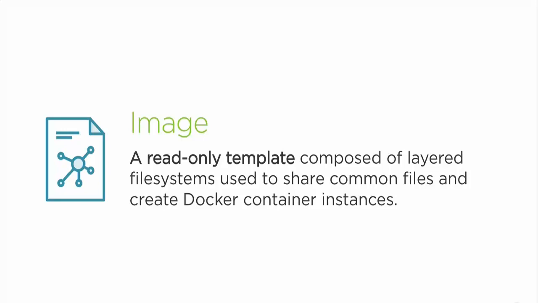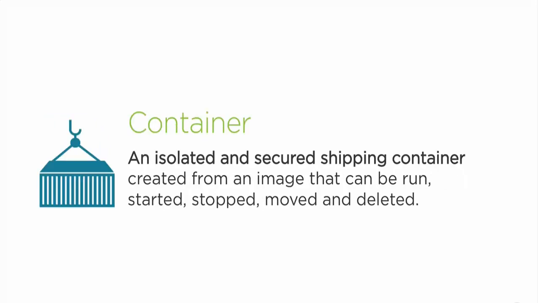And then they are all put together to make this image. Now, once you have an image, you can use that to build this isolated container. And again, if you go back to ships, every container is very isolated from the other containers. It makes it so you don't necessarily know what's going on in another container. Now, there are some gotchas there that we can talk about later. But in a nutshell, the image is used to create an instance of the running container.